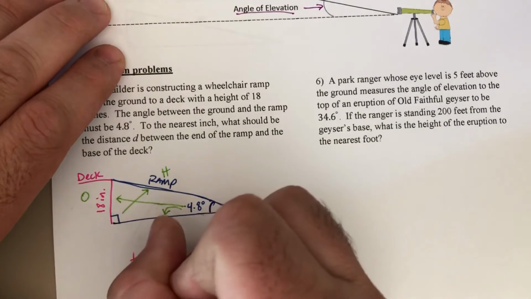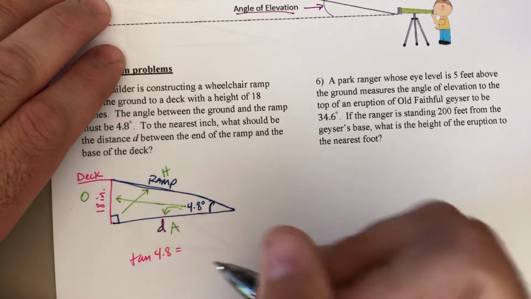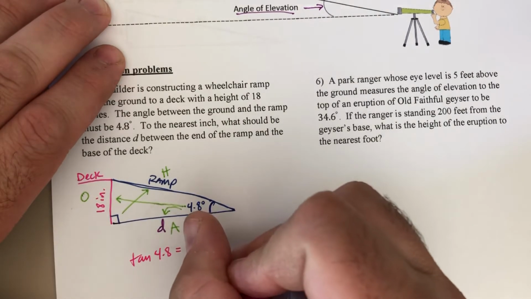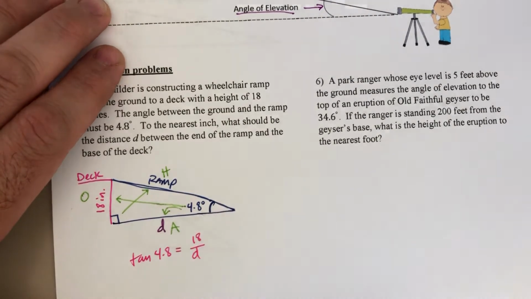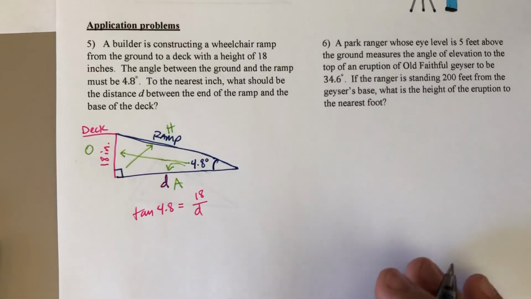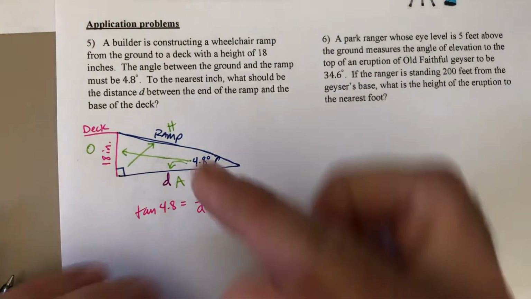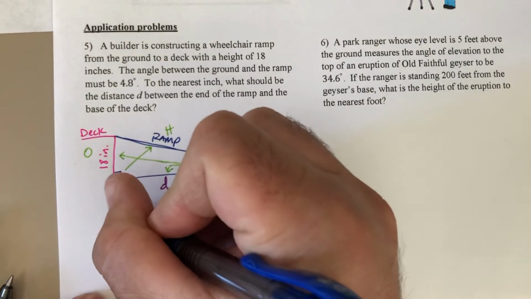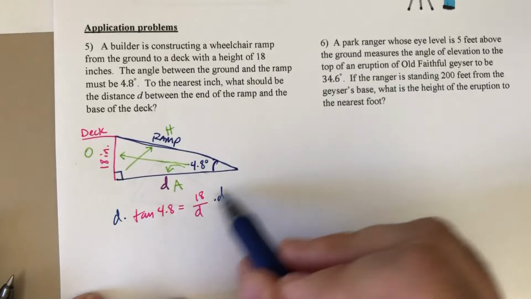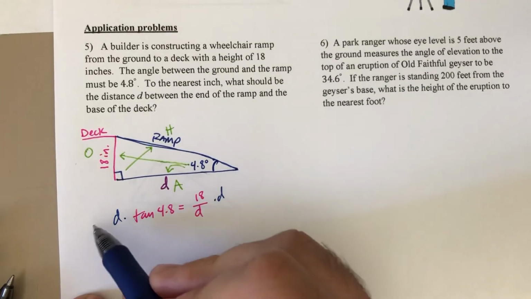So the tangent of 4.8 equals O over A, 18 over d. Now we're going to solve using algebra, but d is on the bottom. The variable's on the bottom, so I need to get d out of the bottom. How do I do that? By multiplying by d, which cancels the d on this side.